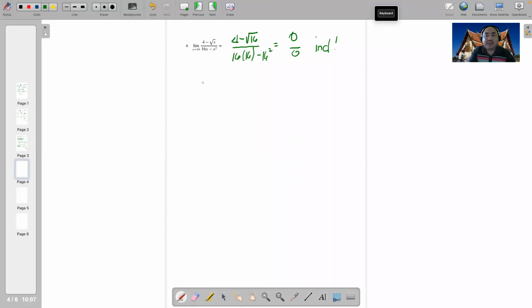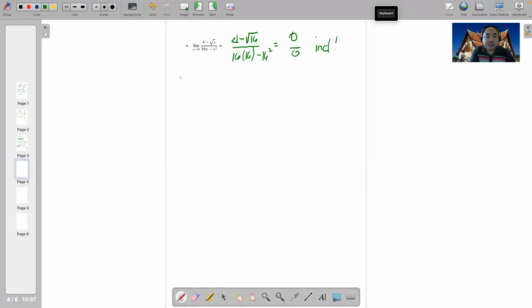Perhaps we can do again multiplying the numerator by its binomial conjugate so that we can take out the radical, and probably we can do some cancellation later on.